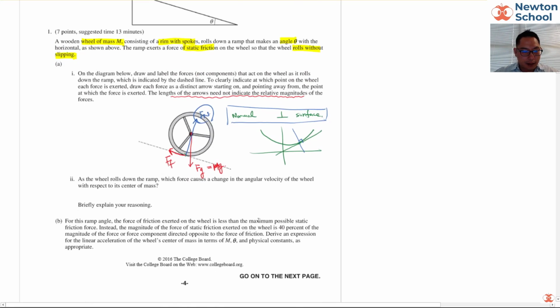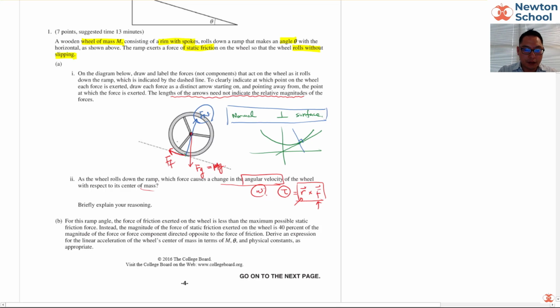All right, and as the wheel rolls down the ramp, which force causes a change in angular velocity, omega, with respect to the center of mass? Well, angular velocity changes because of torque, and torque is r cross F. When you generate torque, in this case it will be friction, and that will be just the radius.